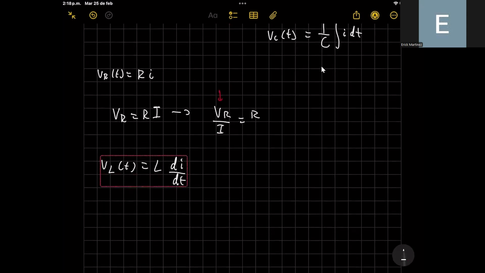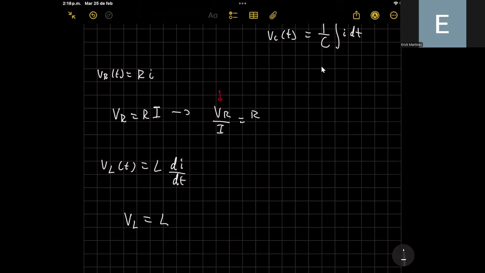I will express the voltage of the inductor as a phasor.